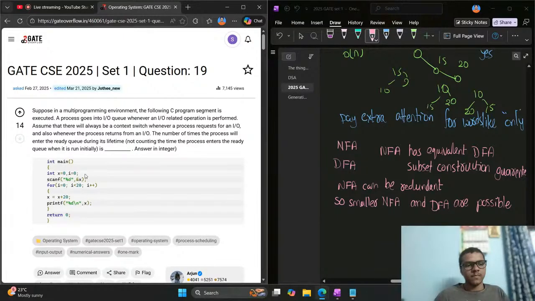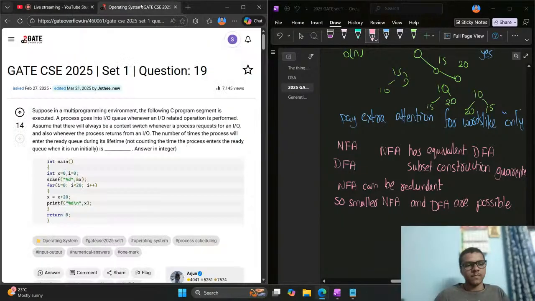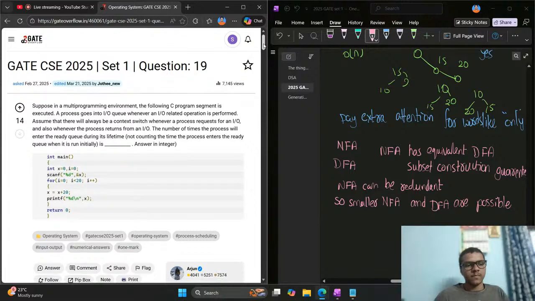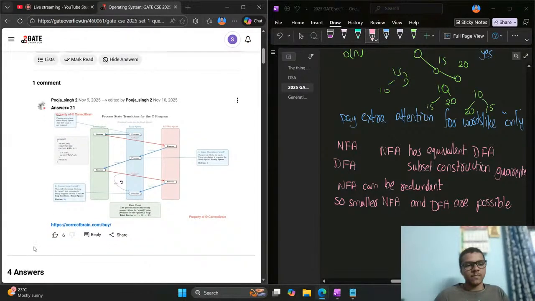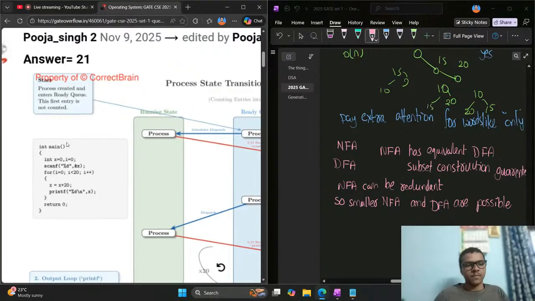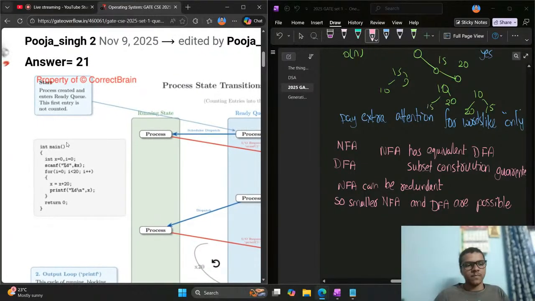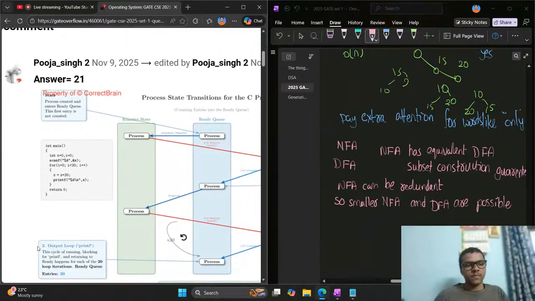Okay, we need to know something here about process scheduling. All right, this always gets me, dude. Oh my god. State: process created and enters ready queue. The first entry is not counted. That's correct. Outer loop printf.